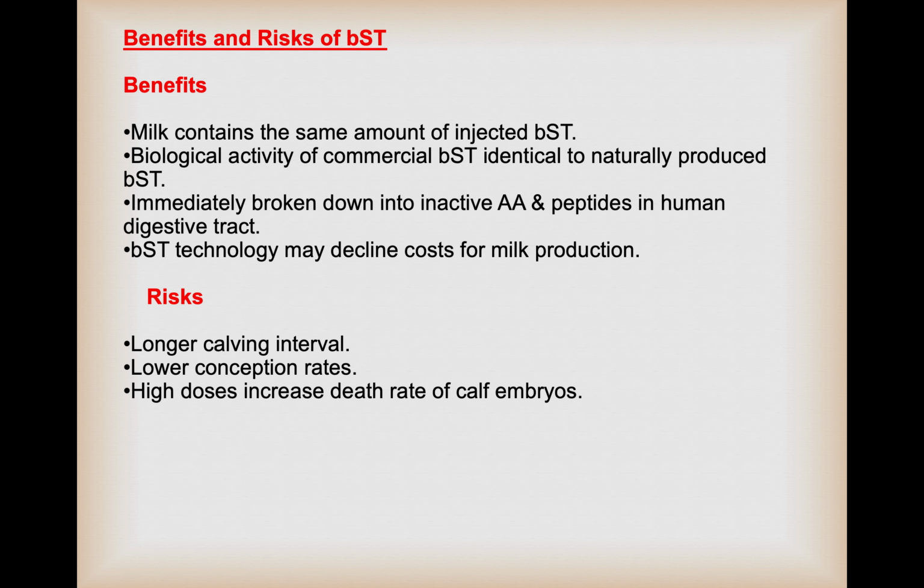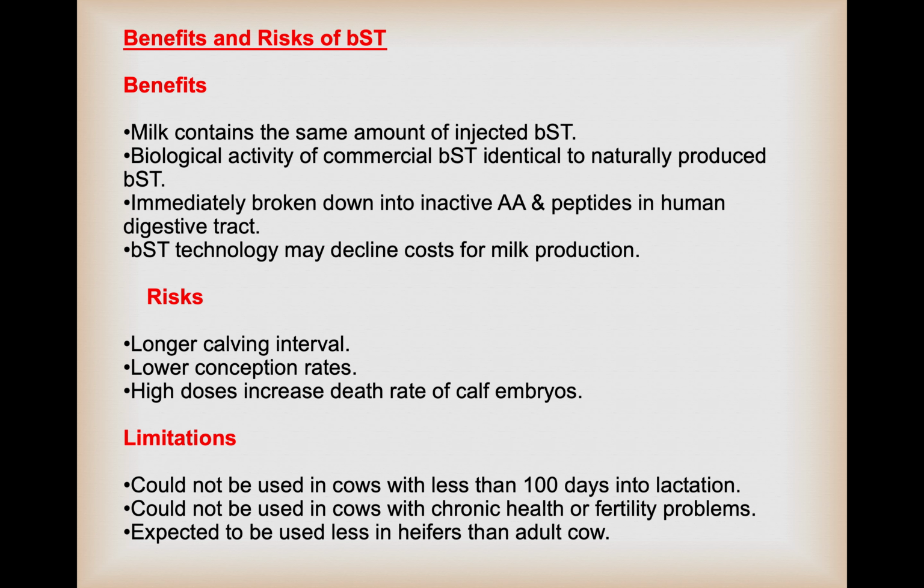They remain teens, so to speak, and do not want to engage to reproduce. They also have lower conception rates, and high doses increase the death rate of calf embryos. So farmers and also scientists have to be careful not to inject too much into the cow for fear of killing the animal in the process unintentionally.